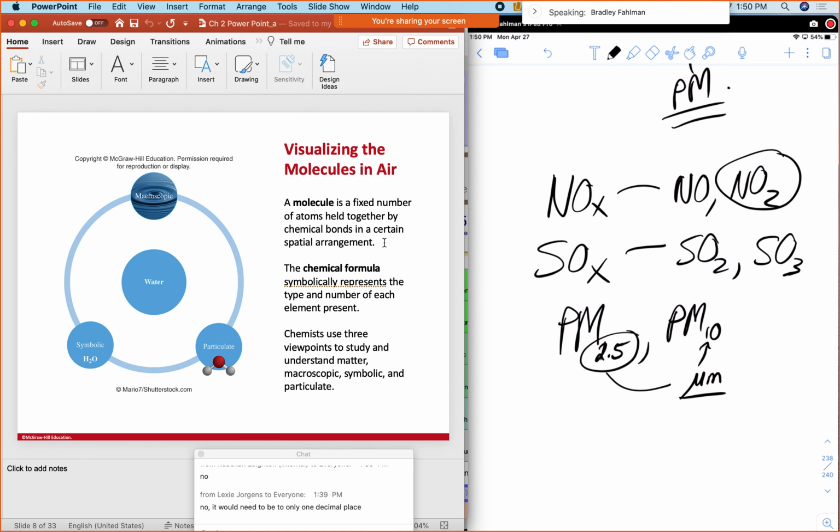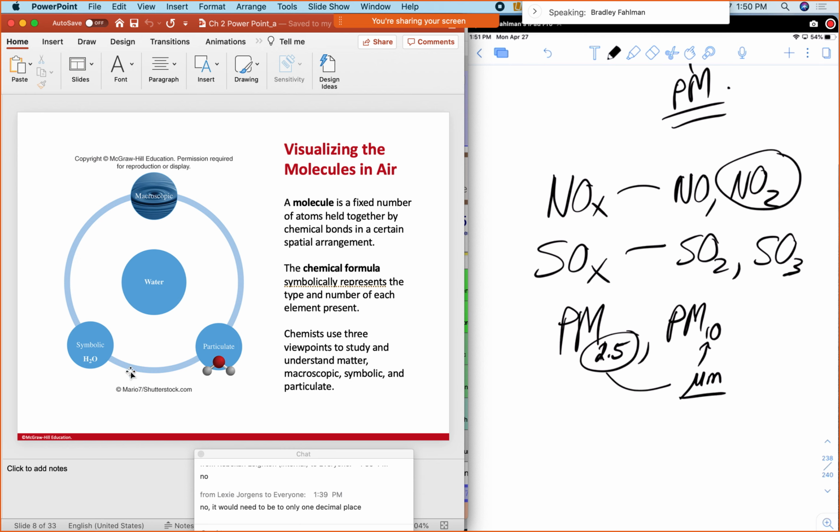All right, and then we got into chemical formulas, and the different ways we can illustrate molecules. We talked about particulate, where you're actually showing bonding, and we looked at different shapes later on. So this is water; it's bent. Whereas that's just the symbolic, it's just H2O.